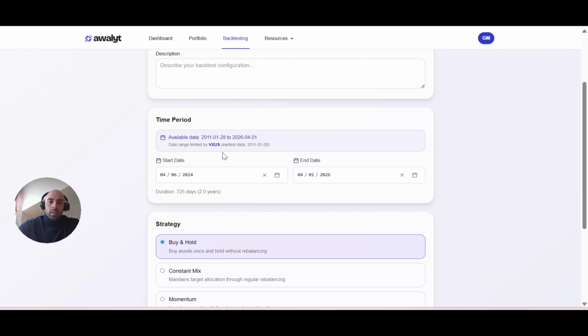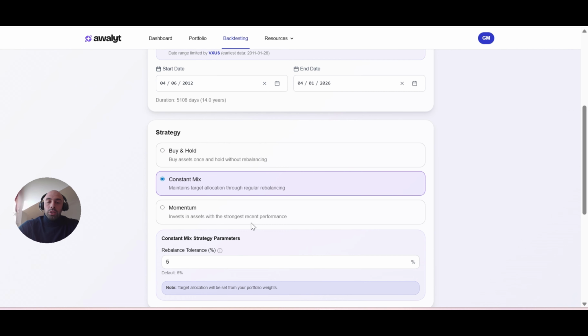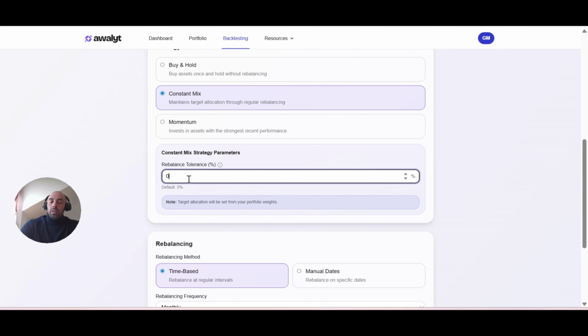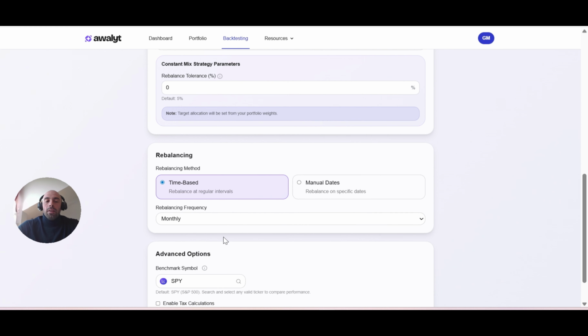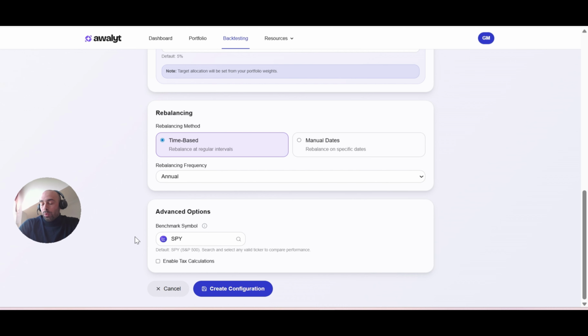Because of VXUS, we will limit our range to 2012 to 2026, and we will use a constant mix strategy with 0% of tolerance, which is a strategy where every 1 year the portfolio is rebalanced and the allocation will be the same as the initial allocation. So this is a way of rebalancing the portfolio. Then we will use as benchmark the S&P 500 and we create the configuration.